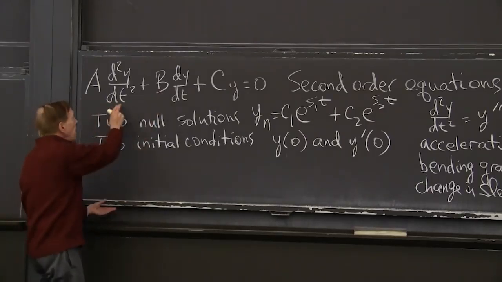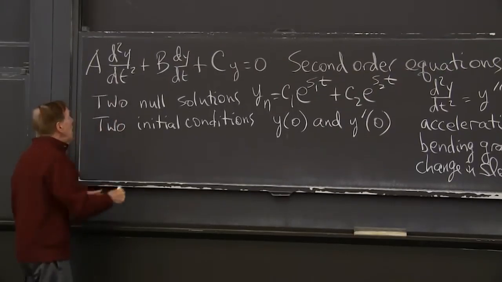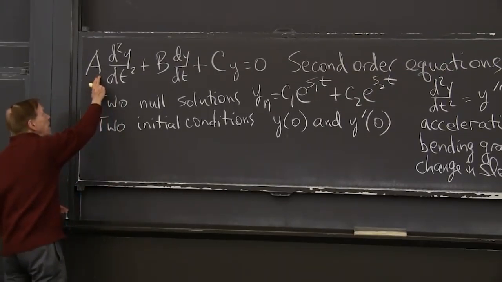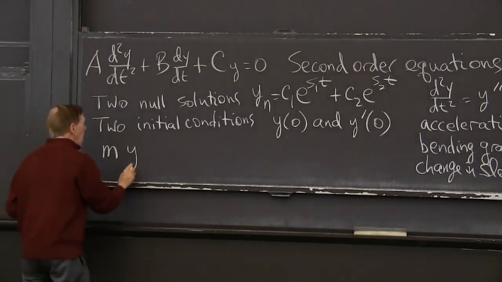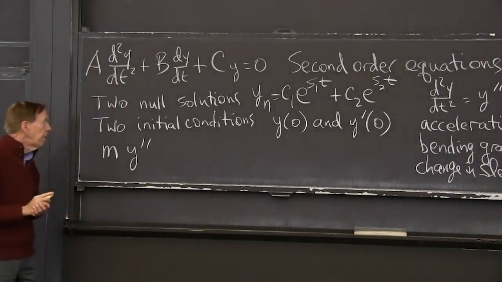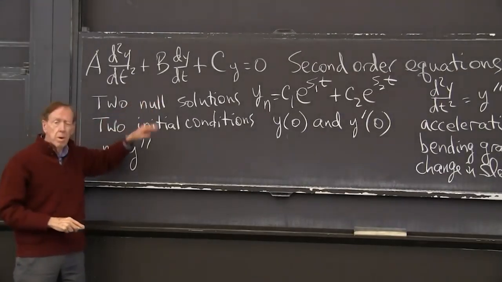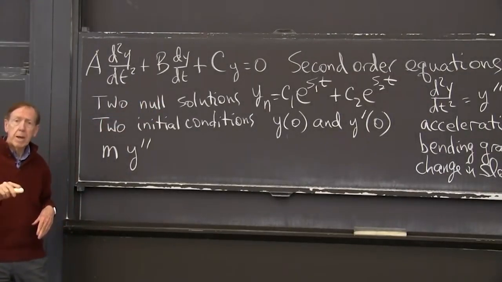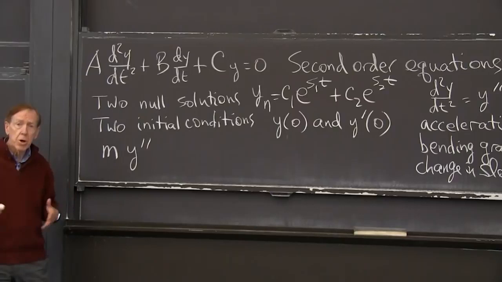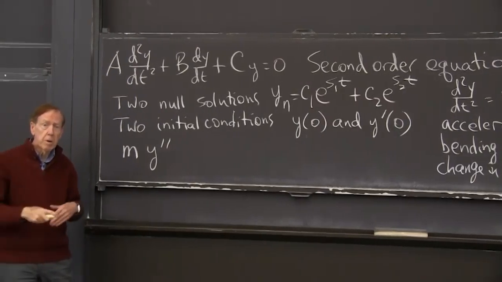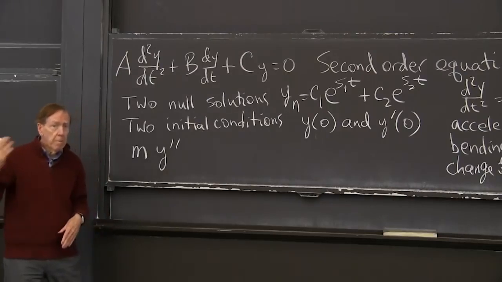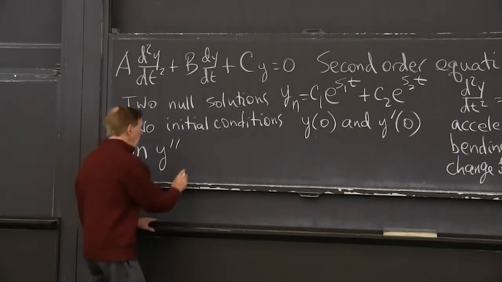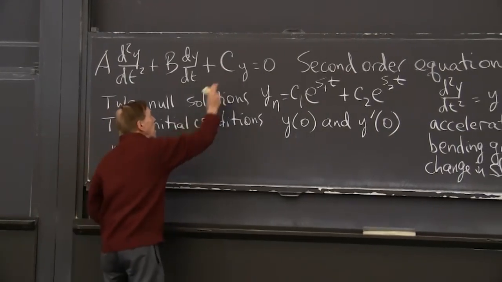So it's Newton's law, and A will be the mass, m, times y double prime, the second derivative. B is 0. Later B will be a damping term, a friction term, a resistance term, but let's have that 0. So we're going to have perpetual motion here, plus the force.